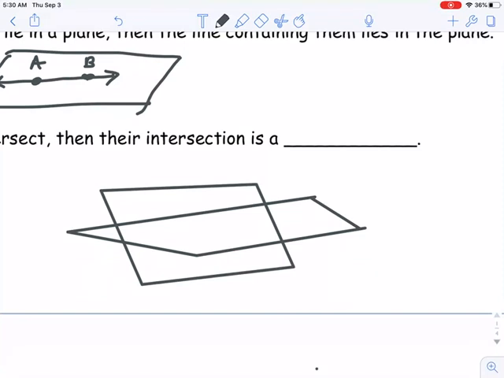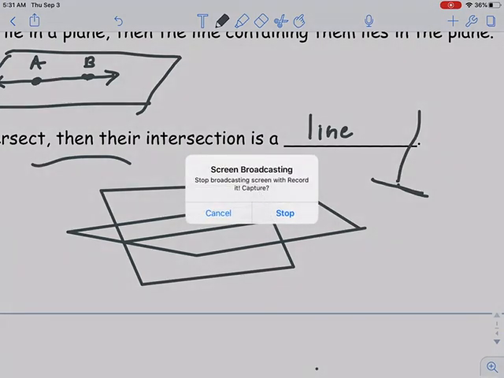So these 2 planes are intersecting. I should have some dotted lines, but I'm not skilled enough to draw those. Can't change color on Notability right now. But they're intersecting right there. Oh my gosh, my Notability. So their intersection is a line. Can't change color, can't zoom out, so this is a good time to end the video. Stay tuned for more.